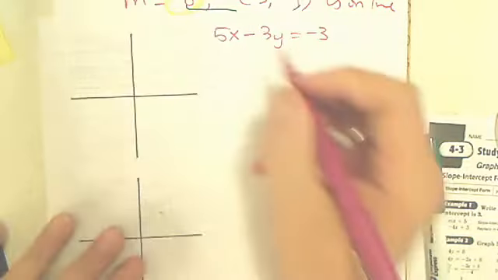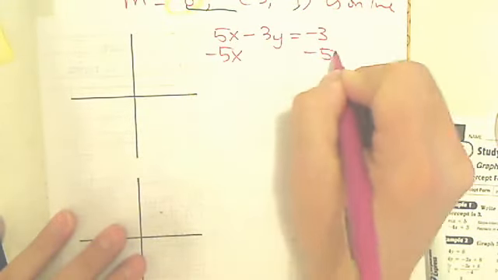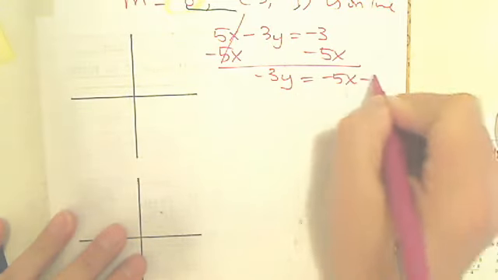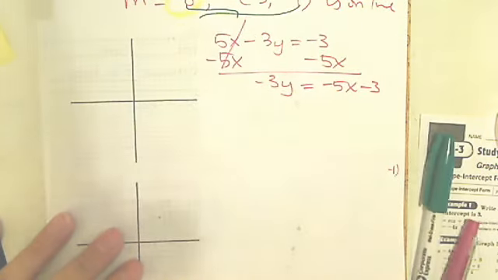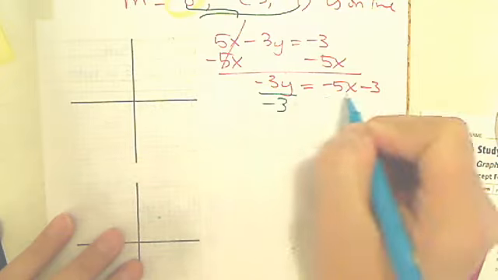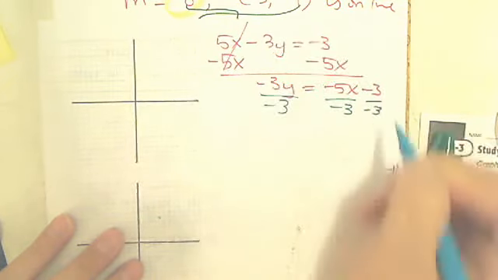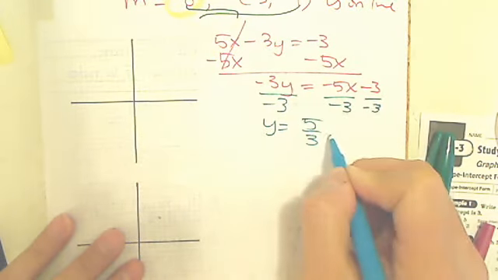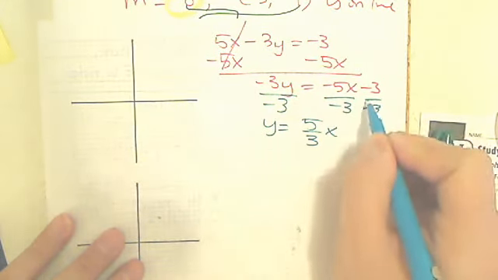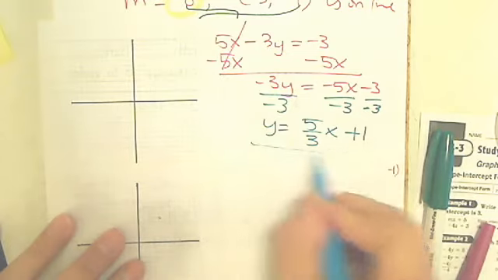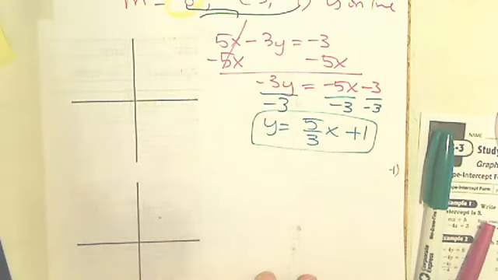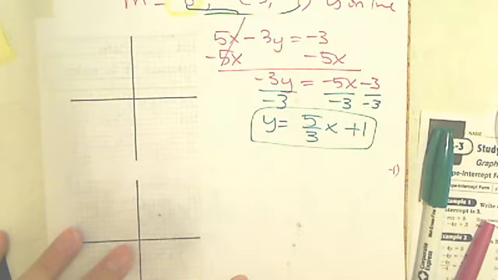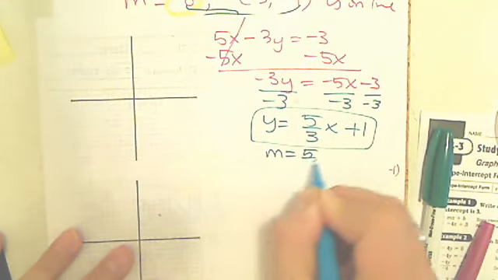So I'm going to solve this right here quickly. Subtract 5x on both sides. Bring down the 3y. Bring down the negative 5x. Bring down the negative 3. And then I divide by negative 3. Be careful. Right here becomes a positive 5/3 x. This also, be careful right here. Positive 1. Questions on the slope? The slope is 5/3.